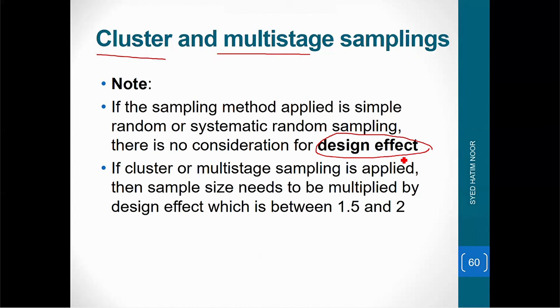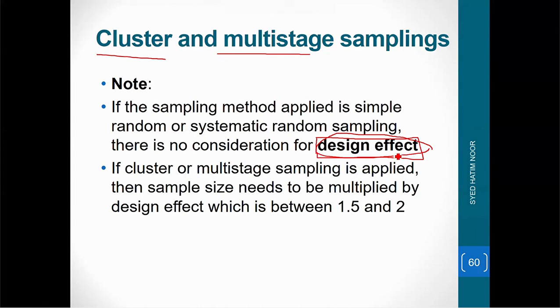If you are good, you are in the first class. If you are quite poor, you're in the lower class. So the homogeneous sample is there. That means you are surrounded by more or less the same people, at the same age, and your IQ is also more or less the same because you are grouped in one class. Because of that, we have to consider design effect, to overcome this homogeneity.